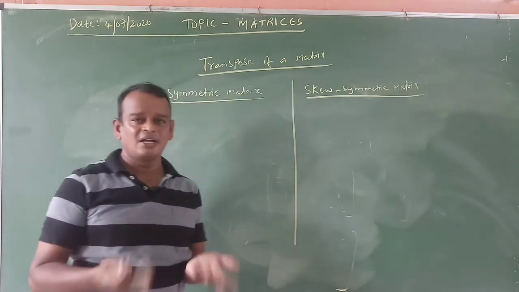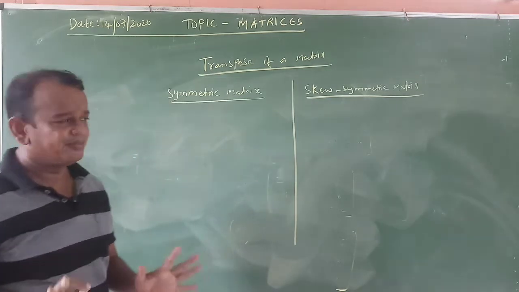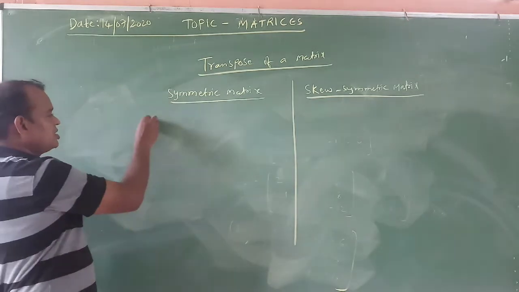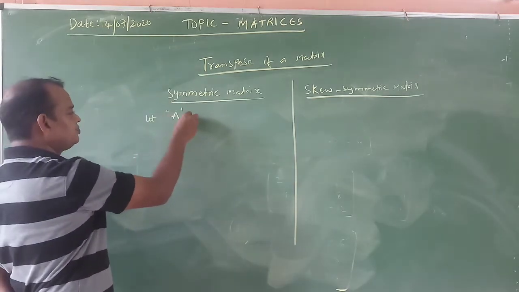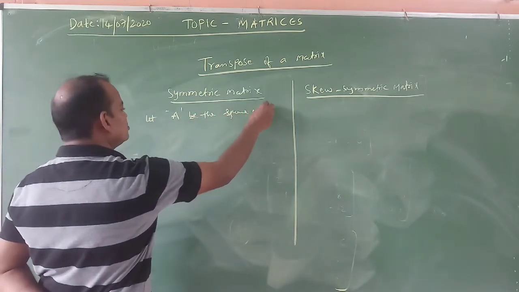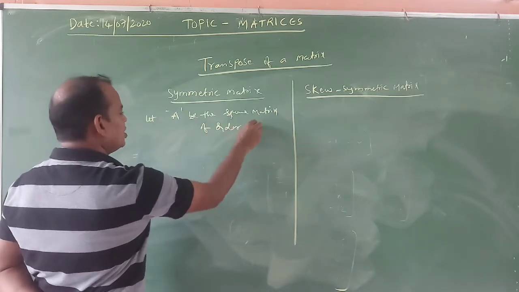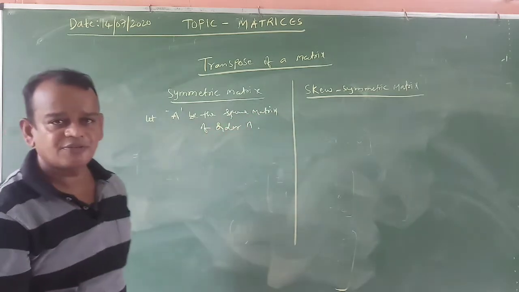Suppose A is a square matrix of order 2 by 2 or 3 by 3, whatever the order may be. Let A be the square matrix of order n.